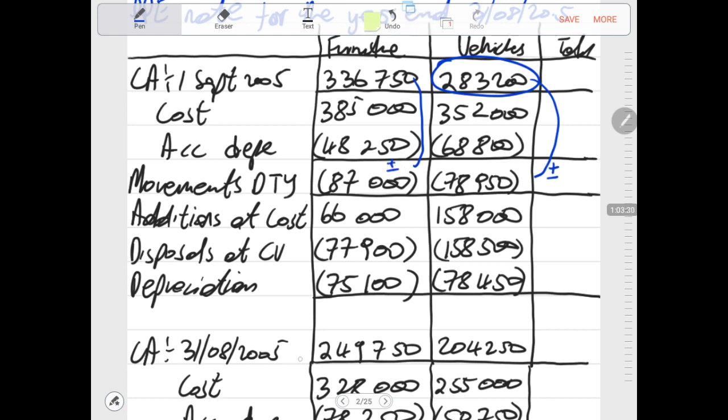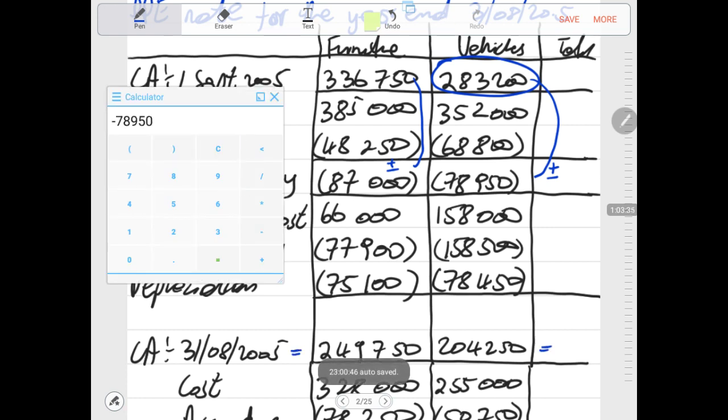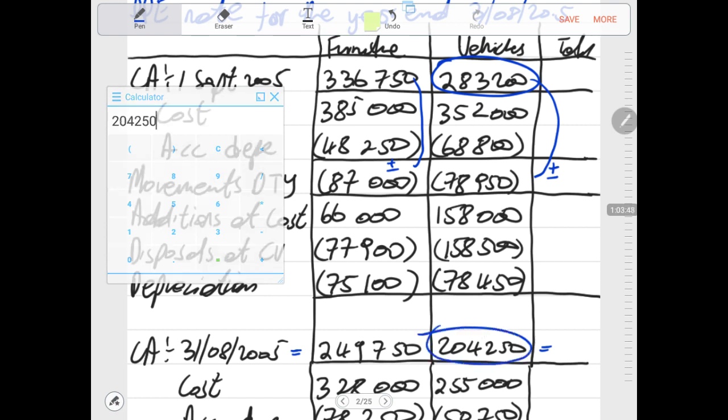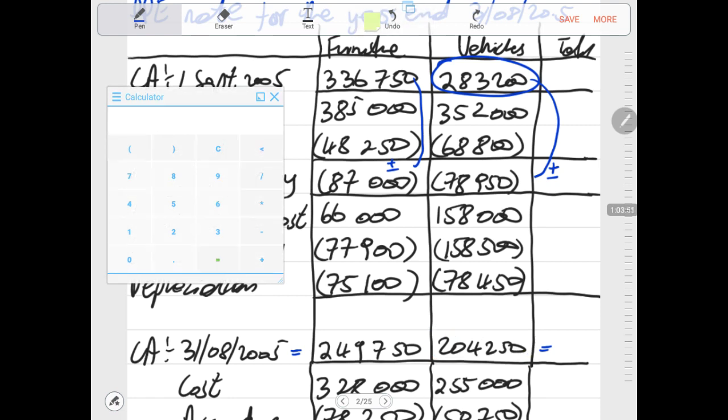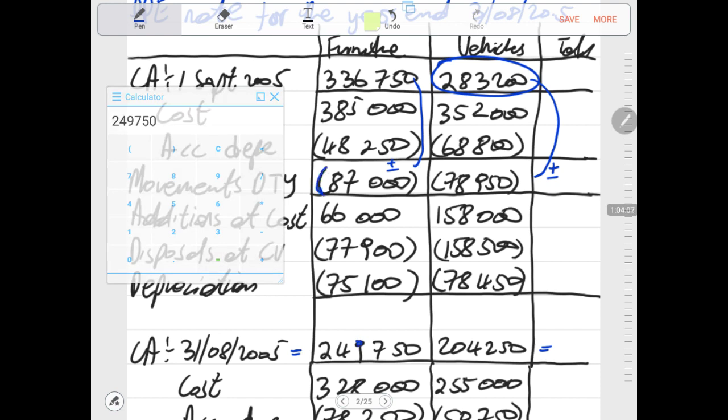So if I say 283,000 for vehicles minus 78,950, how much do I get? I get 204,250. That means I am 100% correct. Then I go to the other one, opening carrying amount 336,750 minus the net of my movement, which is negative 87,000. It gives me 249,750.